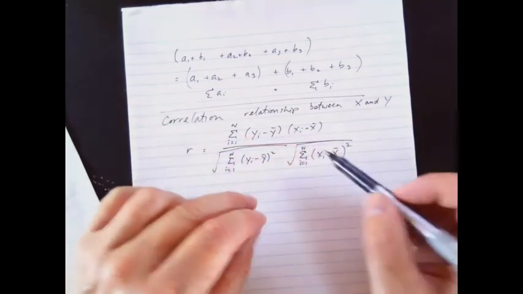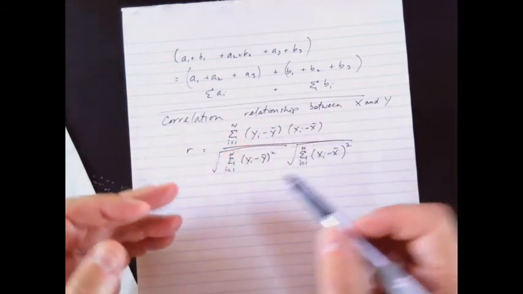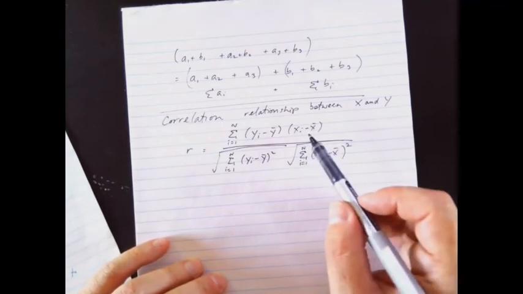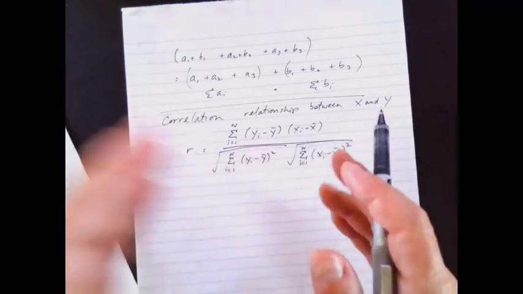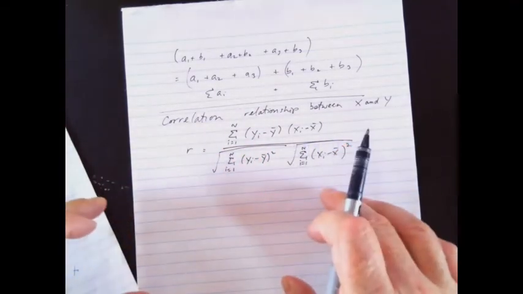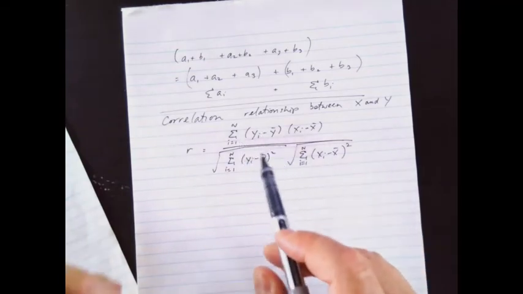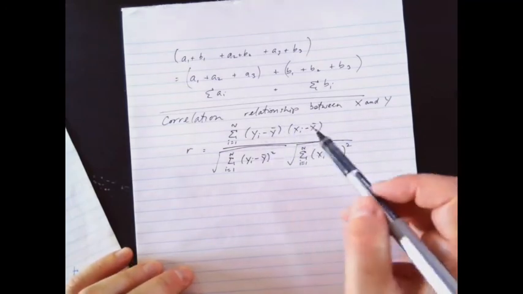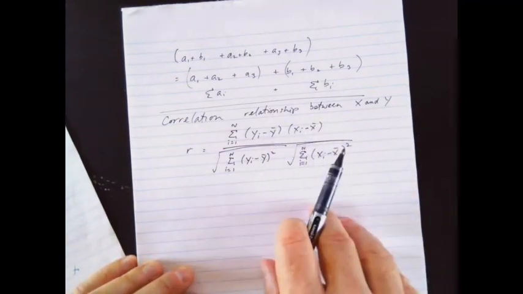Or if x moves towards its mean, this gets small, then this gets small at the same time. Then again, if this goes below the mean, the same thing. It's moving away from the mean. This is moving away from the mean. In the other direction, the minus signs cancel out. So this term gets large in a situation when the two variables move together.